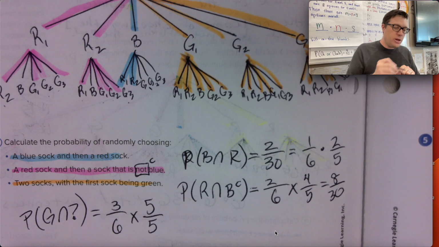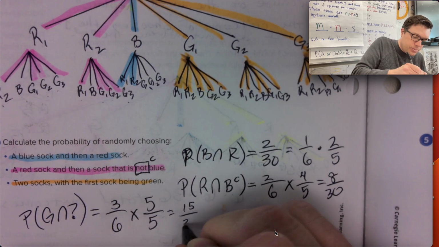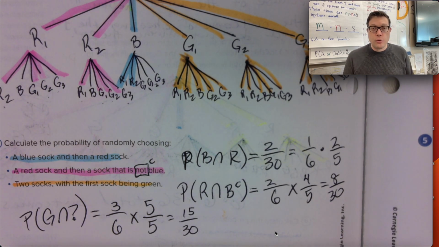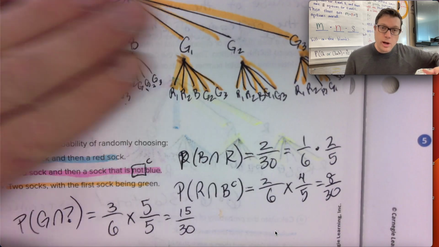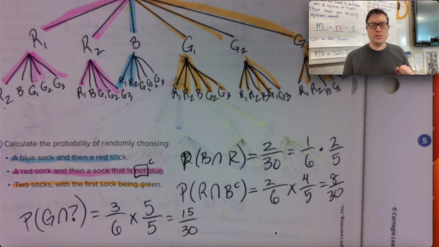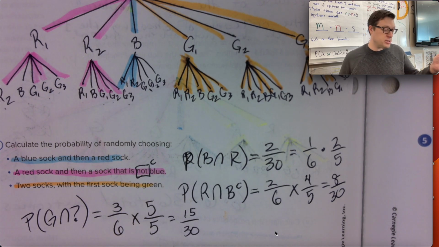Which means there are 5, 10, 15 out of 30 possible combinations. Of course, that reduces to 1/2. 1/2 is probably the better fraction, but it's not very informative for what's going on in this scenario, that there are 15 choices out of 30 total choices, which is 1/2. But it's better to show this because we know how many outcomes there are.